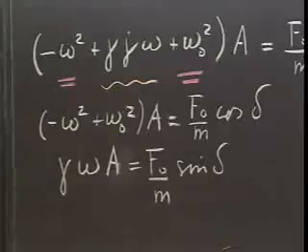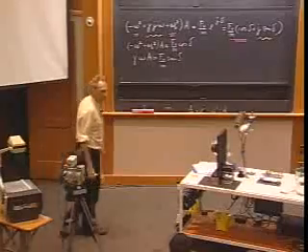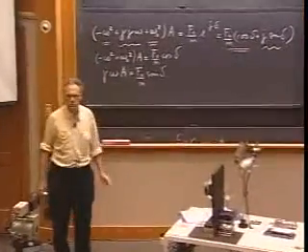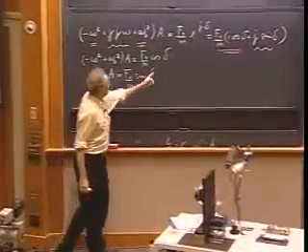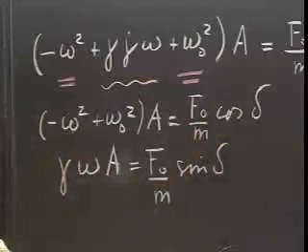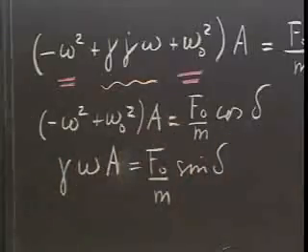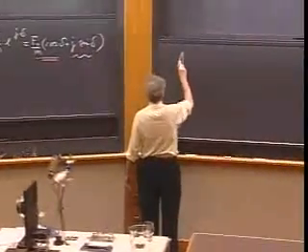Two equations with two unknowns, A and delta, and they're easy to solve. If you square them, you get sine squared delta and cosine squared delta. You add them up, that's 1. And so that immediately gives you what A is.